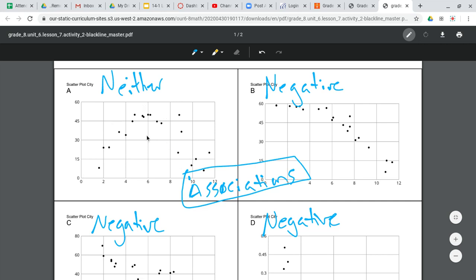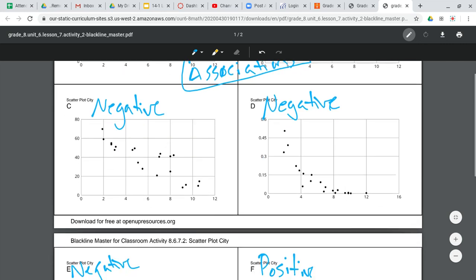Looking at A, is this linear? Nope. Non-linear. What about B? Could we draw a nice straight line to represent this? Nope. It would be a curve, so non-linear. What about C?